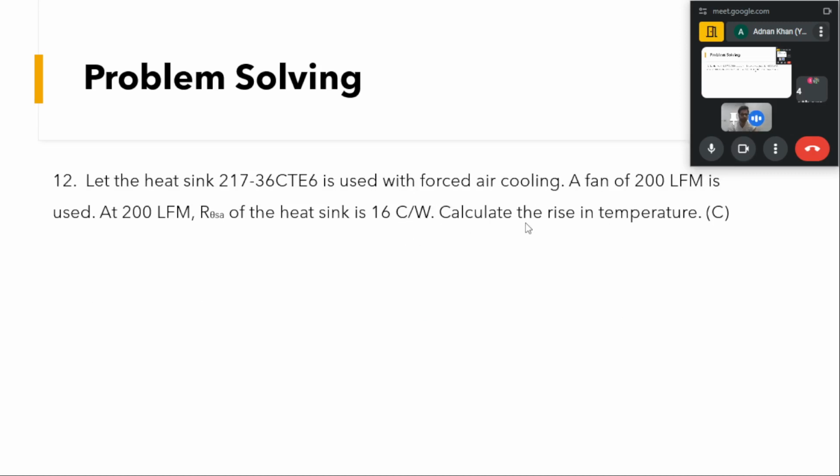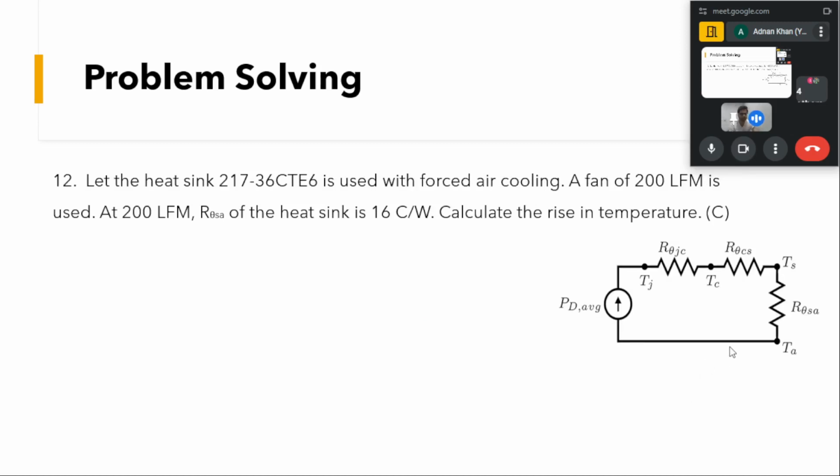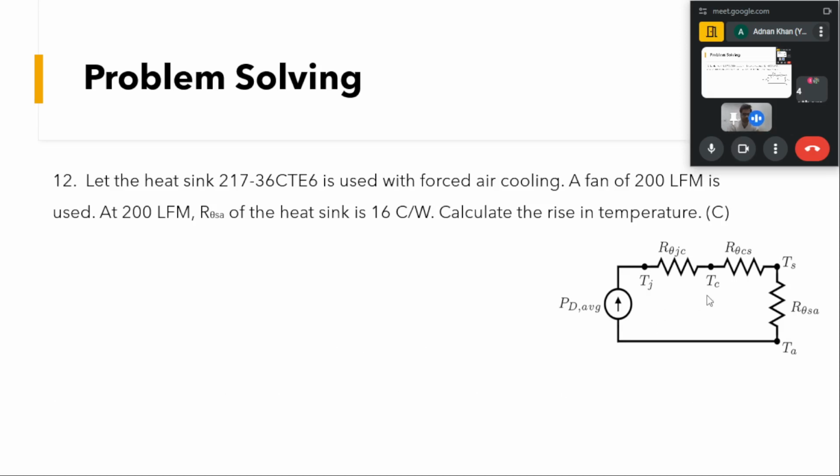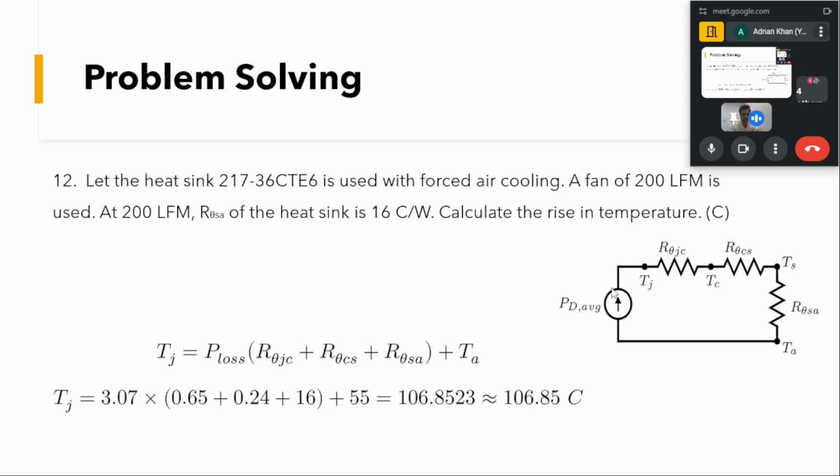Now what we have to see is the rise in the temperature. As I told you earlier, this is analogous to an electrical circuit, where this power loss is like a current, and we have to calculate the potential at this junction. The potential at the junction is I into R, with respect to the ambient.